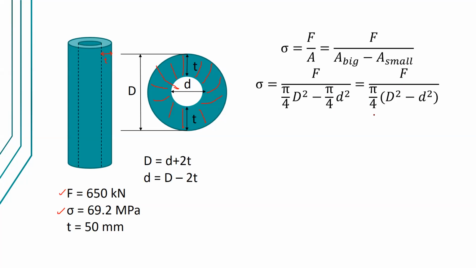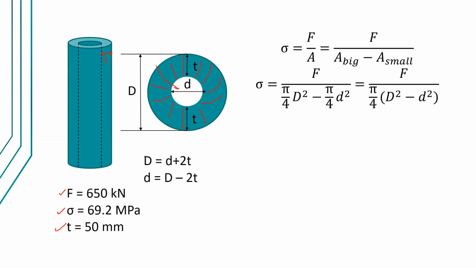But we want to compute the diameter of the cylinder. So you have here two unknowns, right? But what we have is the thickness. So we need some expression to express the diameter as a function of thickness.